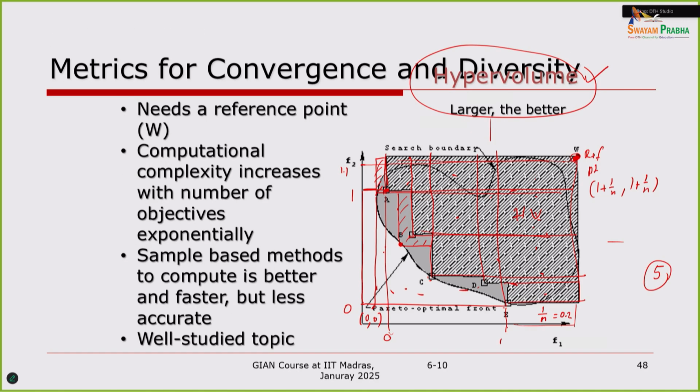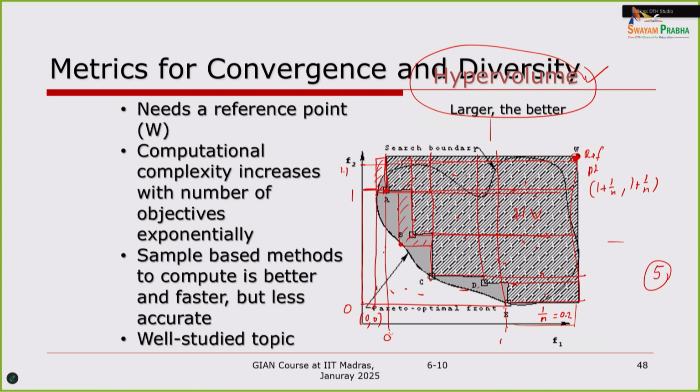Then you see which points your non-dominated set dominates. All the points that are in this area will get dominated by your A, B, C, D, E, right? Count those numbers, divide by the total number of points you have. That gives you a proportion of what the area here is compared to this hypercube volume. So that gives you a rough idea of hypervolume.